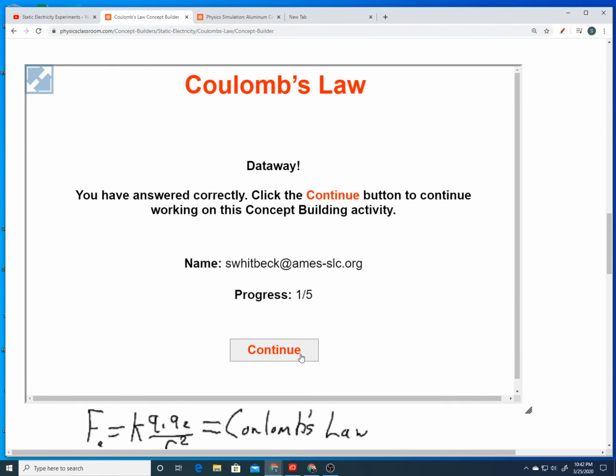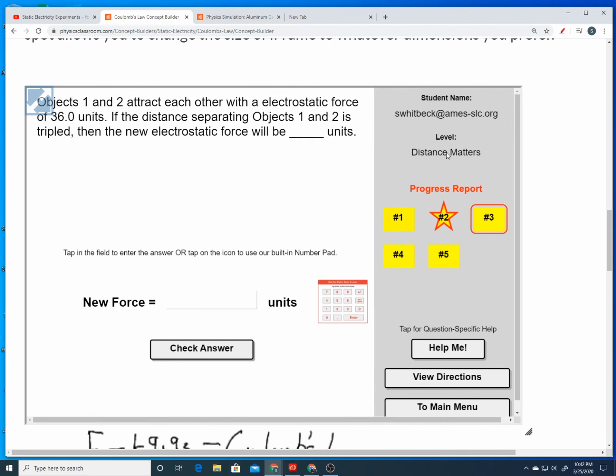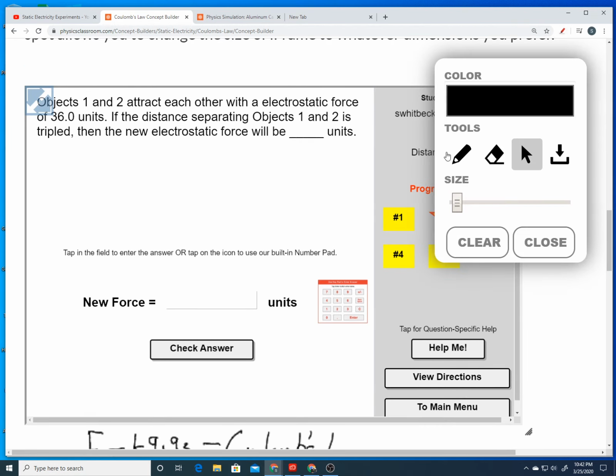Let's do just one more of those, and then we're going to put the two together. So in this problem, our electrostatic force is going to be 36 units.